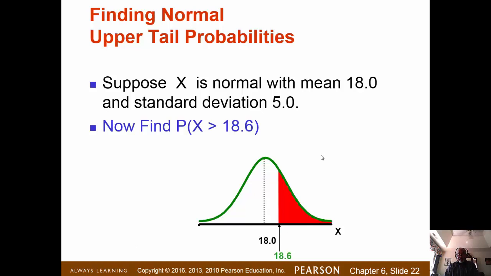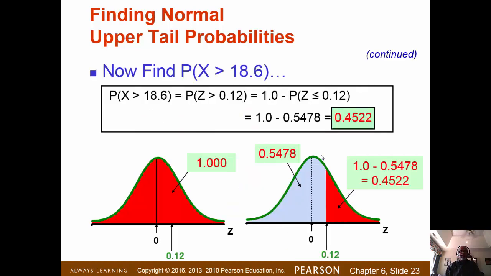Sometimes what you read from the normal table is the final answer, but sometimes you have to take that value from the table and do some more computation to find the final answer. So you have to be very careful with this. So if the probability of z less than 0.12 is 0.5478, the probability that x is greater than 18.6 will be 1 minus that probability.